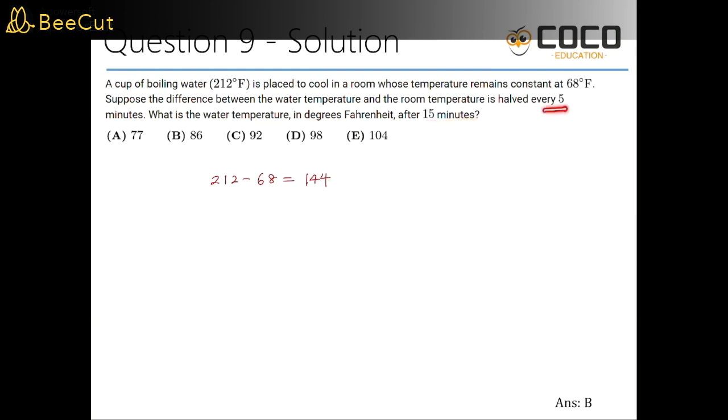Every 5 minutes it halves once, so 15 minutes is this difference times a half, 3 times. So 144 divided by 2 divided by 2 divided by 2 is 144 divided by 8, which equals 18. Now the temperature difference is 18. The room temperature is 68, so 68 plus 18 is 86 degrees. So the answer is B.